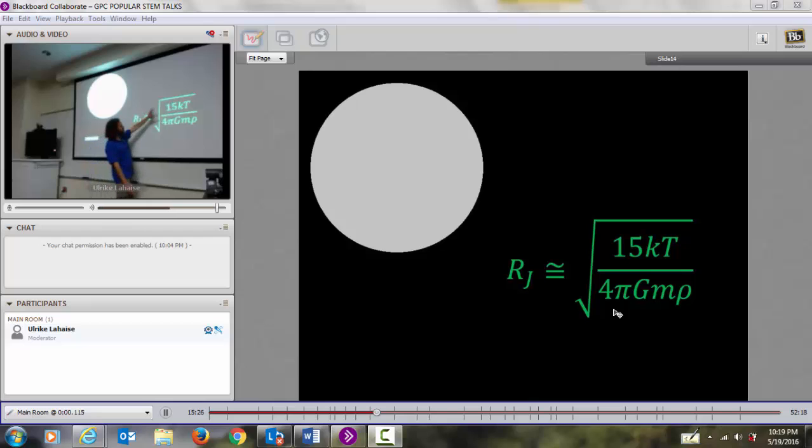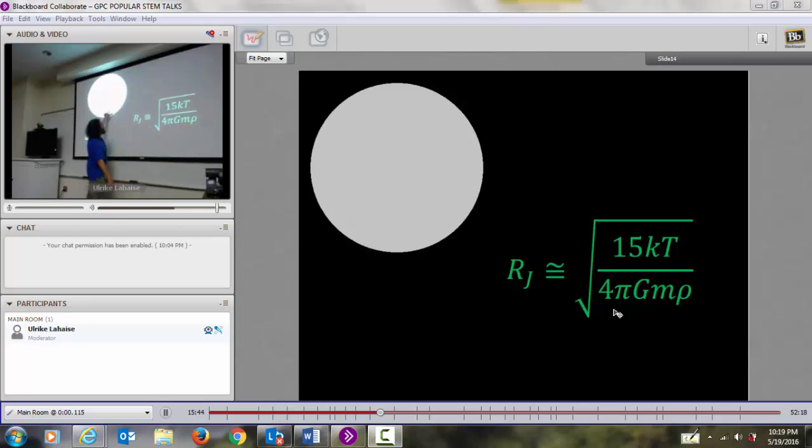And you can see it's dependent on several factors. Now that's a constant, the gravitational constant. That's another constant of physics. This is just the average mass of a gas particle, which doesn't vary much from one gas cloud to the next. But this is the density of the stuff, you know, the number of kilograms per cubic meter.